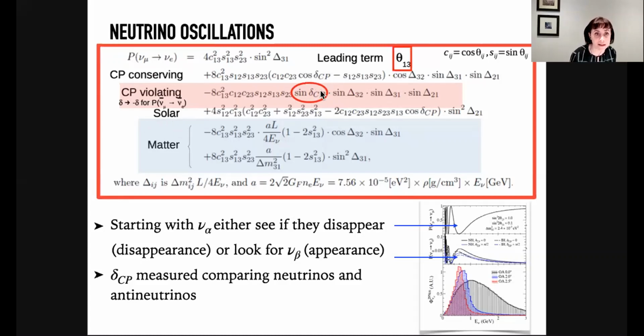So you do have a term that depends on this delta CP, and this is a term that is different for neutrinos and antineutrinos. So basically, by measuring the oscillations for neutrinos and antineutrinos, we'll be able to observe this term here, because the equations will be different.